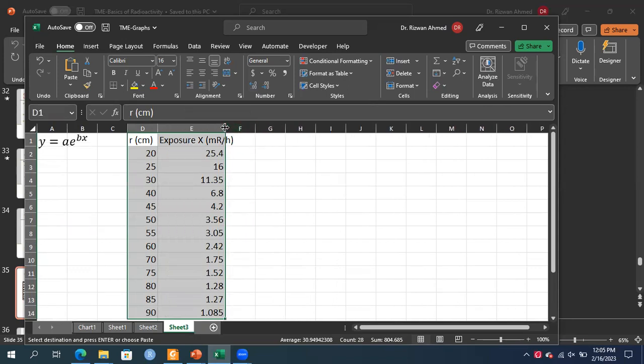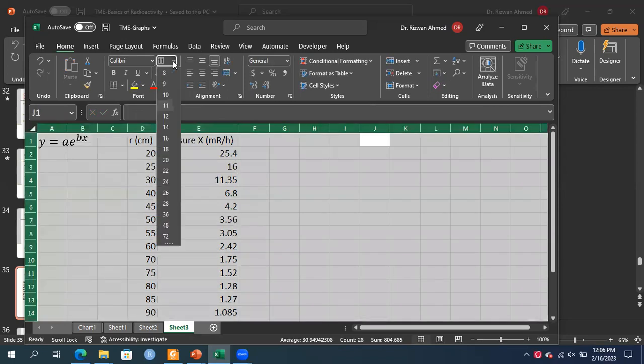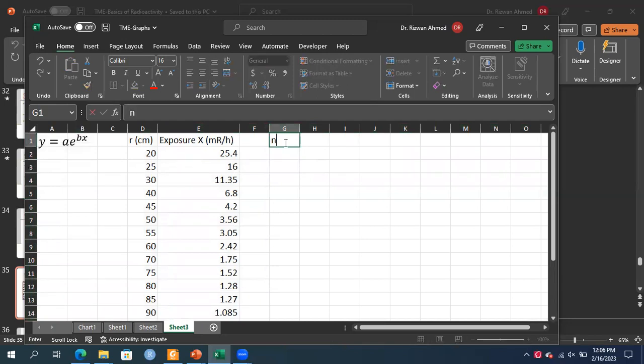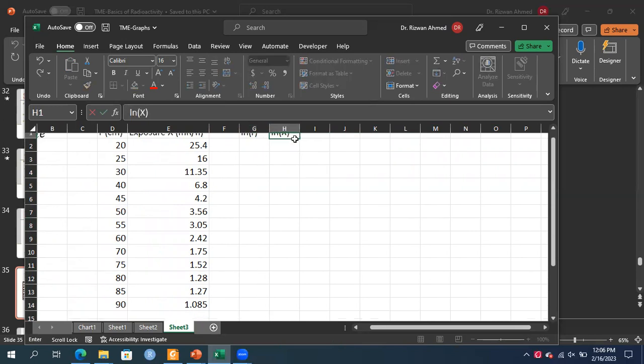And now let's get the equivalent representation. So I take here, I give a label log of R and log of the exposure value.